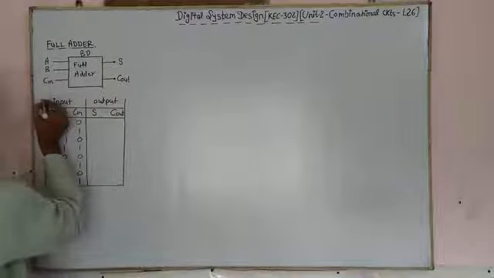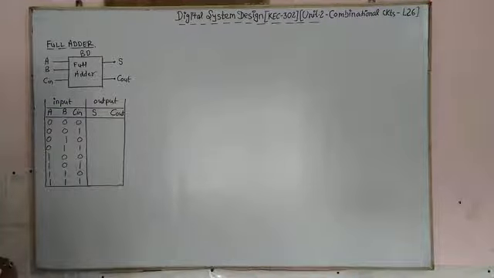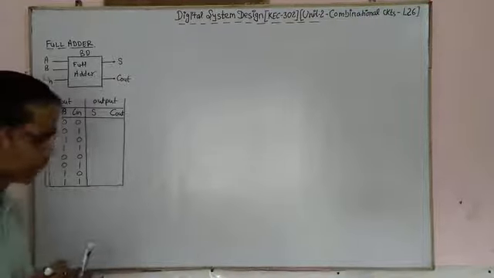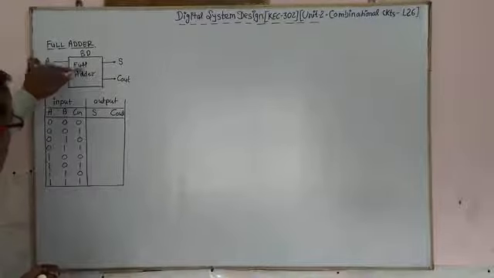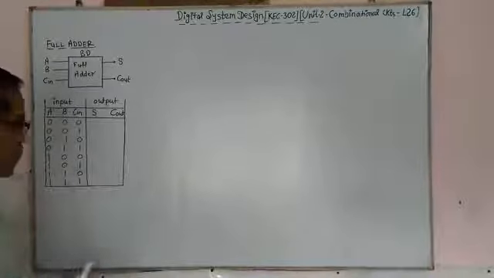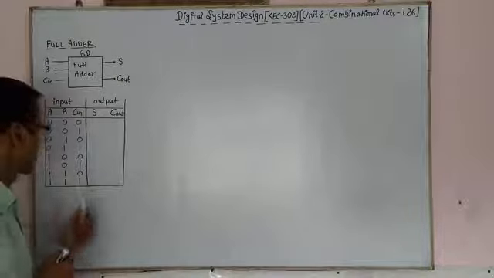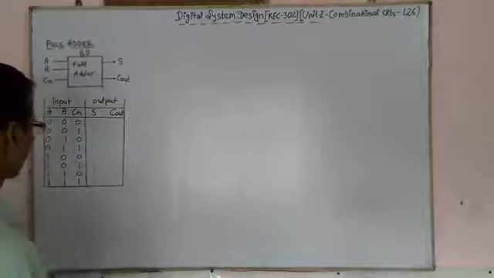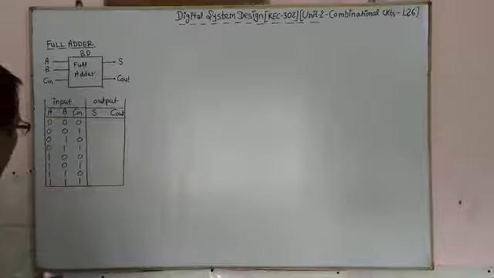Okay, so what will be the output? We are going to convert the behavior of this block diagram into this truth table. This is also called the characteristics table of the full adder.